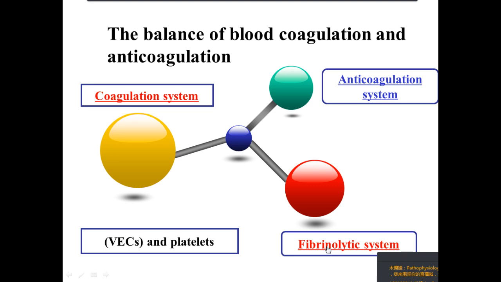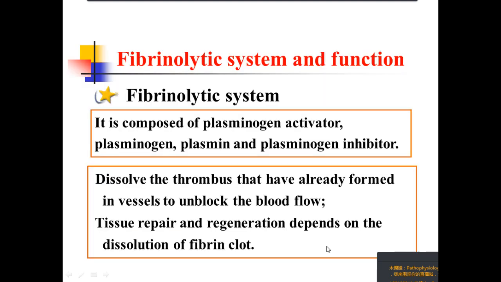What is the fibrinolytic system and its function? The fibrinolytic system includes plasminogen activator, plasminogen, plasmin, and plasminogen inhibitor. The system can dissolve the clots that have already formed in the vessel, to unblock the blood flow.